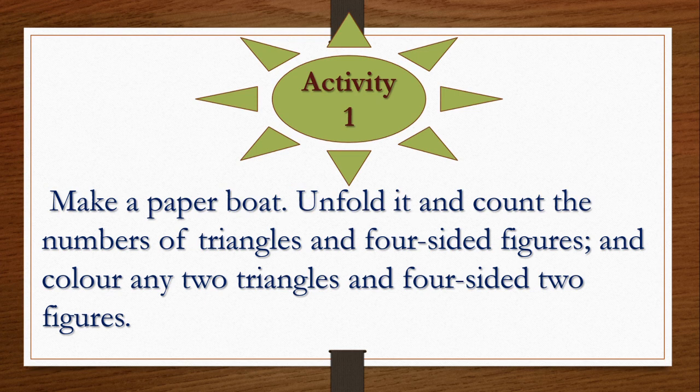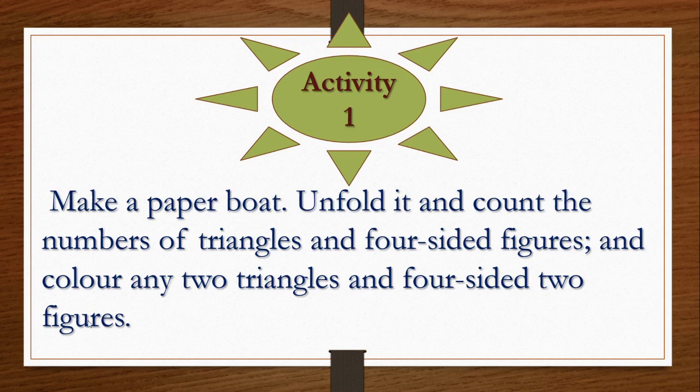After making, again you have to unfold it, open it, and count the numbers of triangles. Triangles means three-sided closed figure. Correct? And four-sided figures, that is rectangle or square. Okay? And color any two triangles and four-sided two figures.